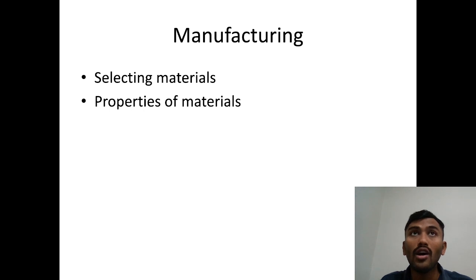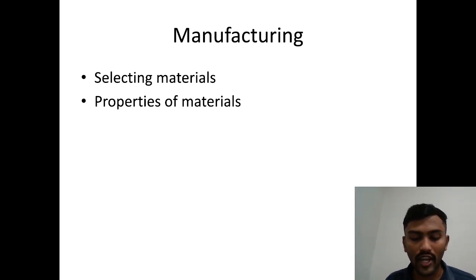Different types of properties are there: thermal properties, physical properties, chemical properties. We have to select which properties we need. Next I will explain why selecting the material is very crucial.